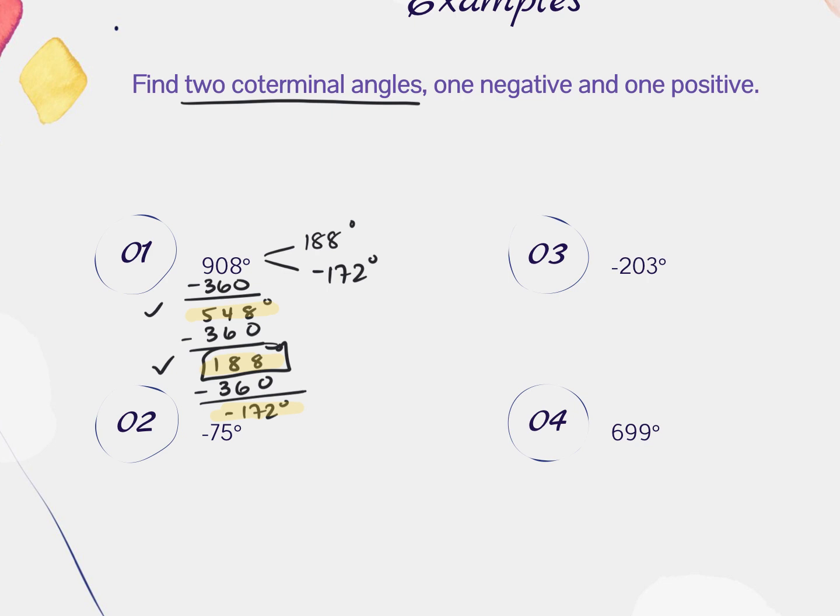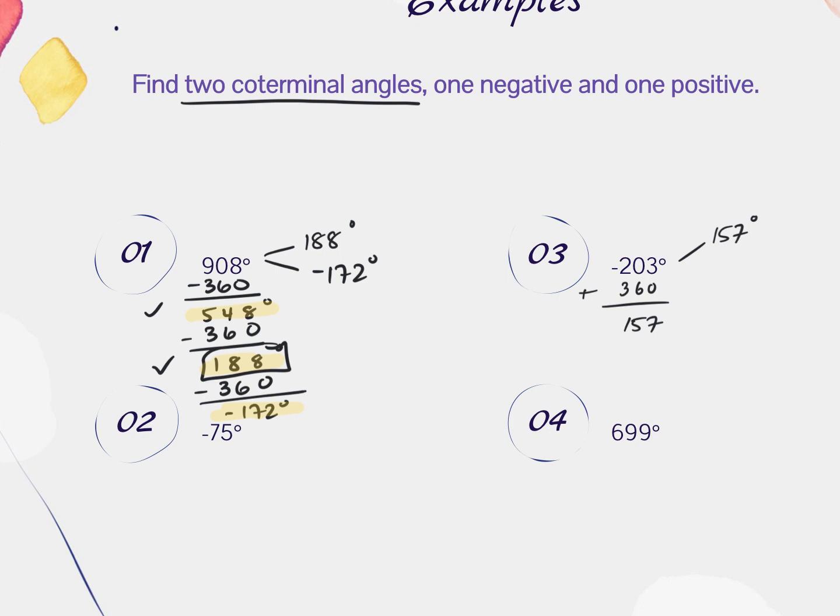Again, here, I'm at negative 203 degrees. So if I add 360 to this, negative 203 plus 360, I'm going to get positive 157. So there's my coterminal positive one.